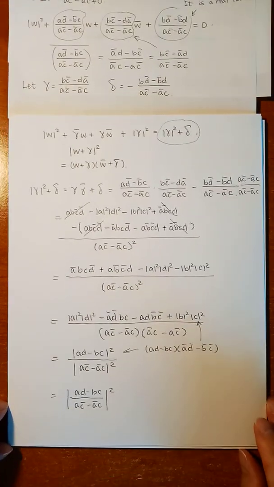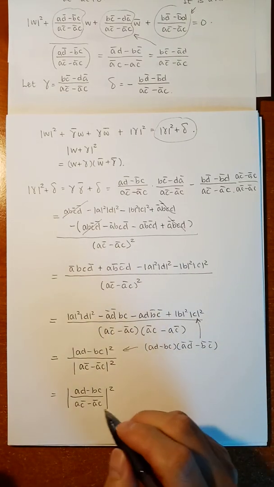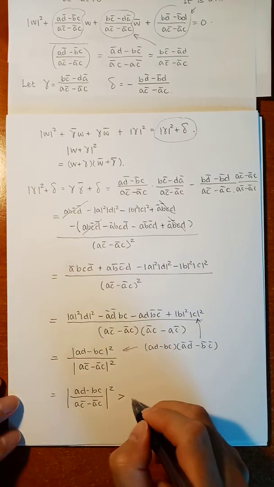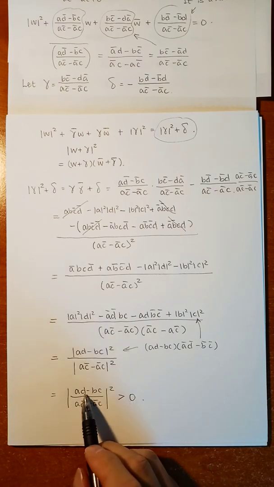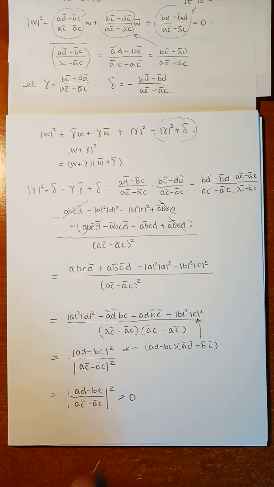It is also a positive real number. Once it's positive, of course it's real. It's not 0 because AD minus BC is not 0, so this is never 0, it's greater than 0.